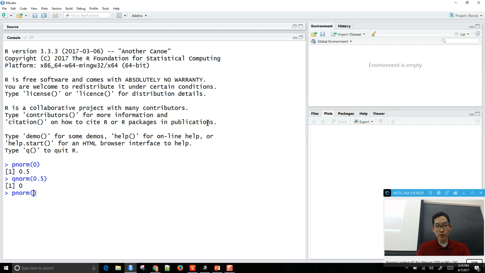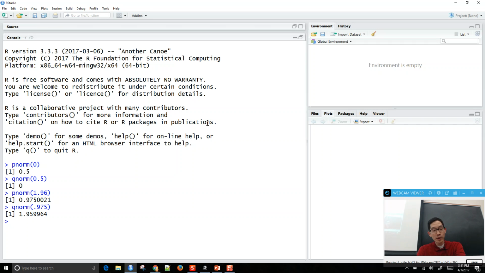Pnorm of 1.96, you guys should know this, what is this? 0.975, right? And if I say Qnorm of 0.975, you get 1.96, or just about that, up to some rounding.